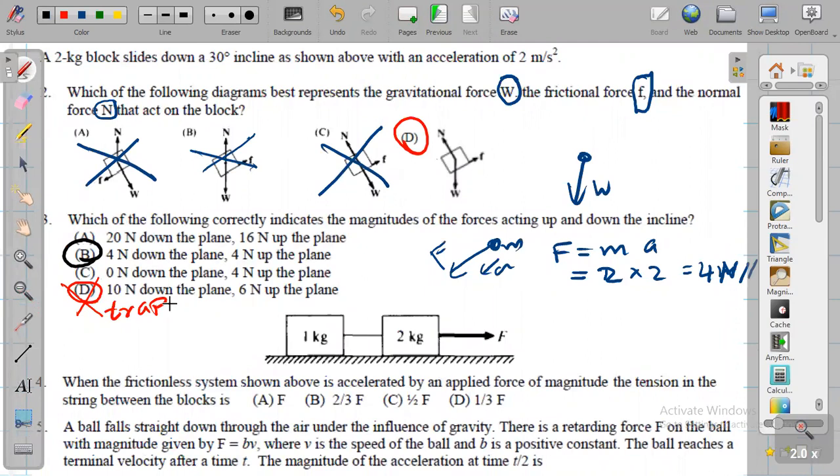So what is the other way? The real way you can get it: if it was frictionless, it should be 10 Newton. It shouldn't be 0 because there is an acceleration. So the answer should be smaller than this. The only answer smaller than this is here. Answer is that one. Can you understand?